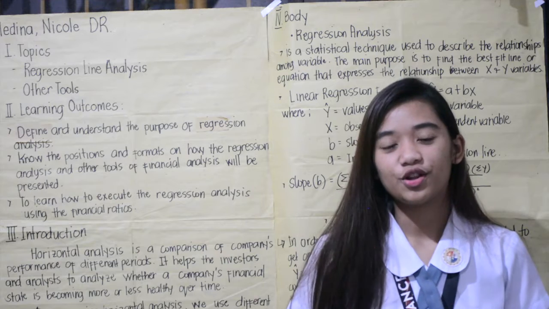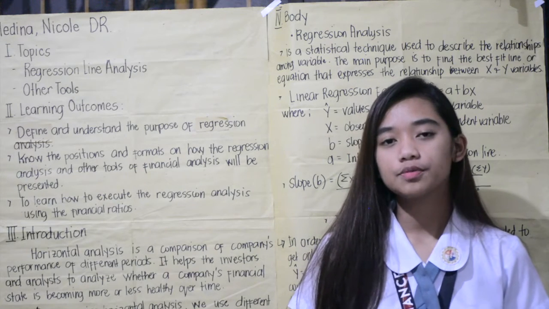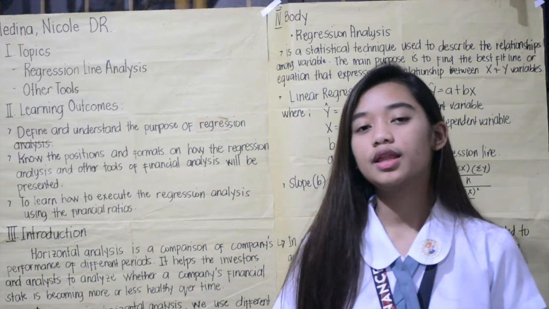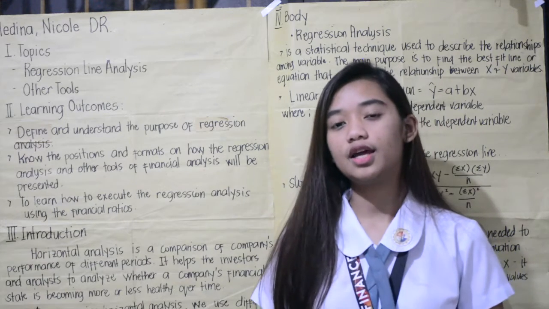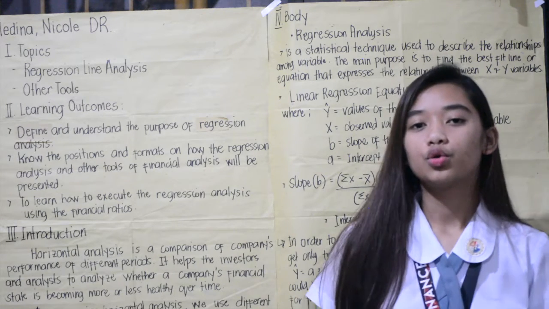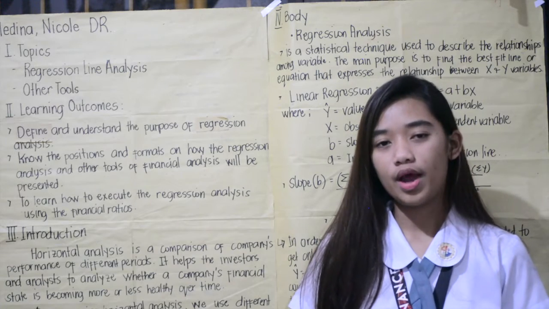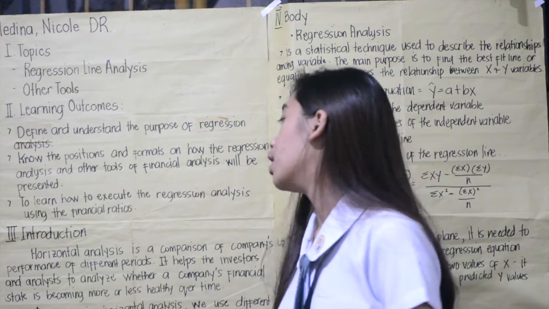So for introduction, horizontal analysis is comparing the company's performance in different periods. It helps the investors and analysts to analyze a trend line in order to know whether the company is performing well or not over time.